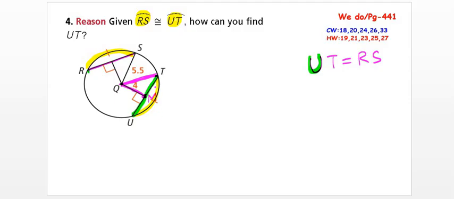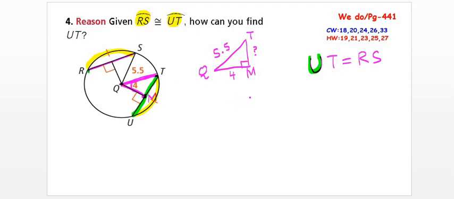Now how can you find this TM or UM? Clearly you can see that this triangle TQM is a right angle triangle. Let me show you here separately. Here T, then we have M, it's a right angle, and here we have Q. Now Q to T is 5.5, and T to M we don't know, and Q to M is 4, right?